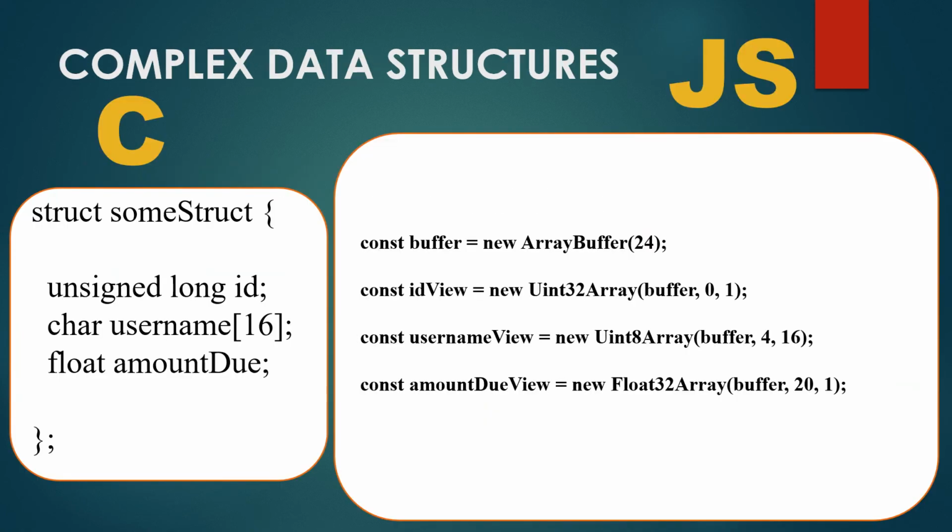As we all know, there are complex data structures in C, like a struct. A struct can hold different data types in a bucket, and we can do the exact same thing in JavaScript. Suppose here is a struct with three data types: an unsigned long ID, then a character array, then a float value. We can do the same with a 24-byte allocated array buffer.